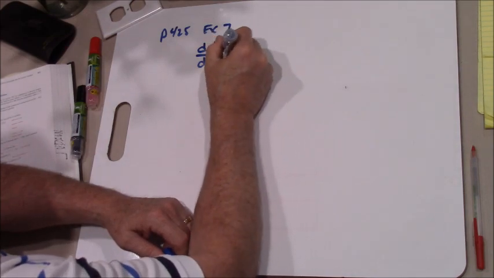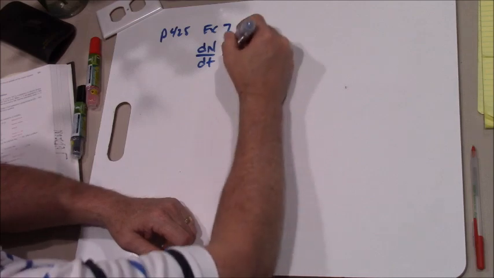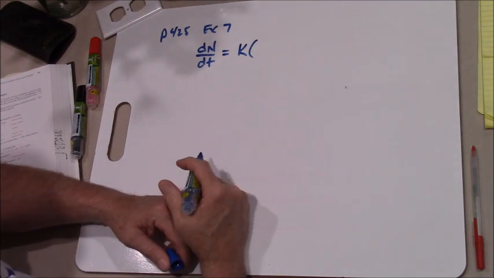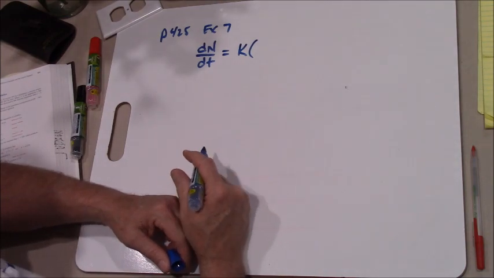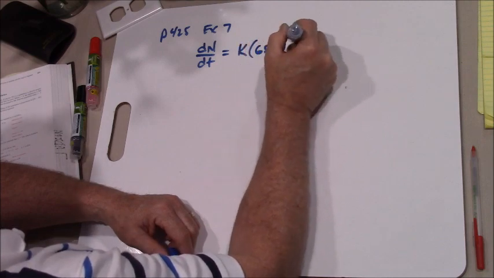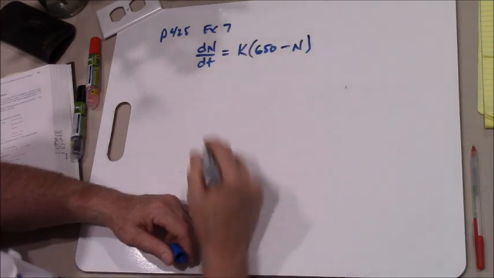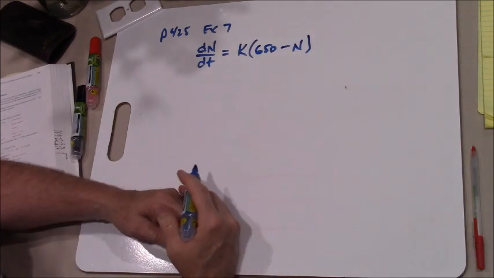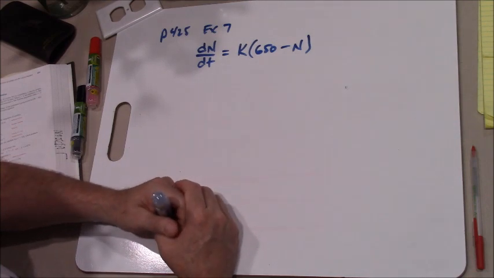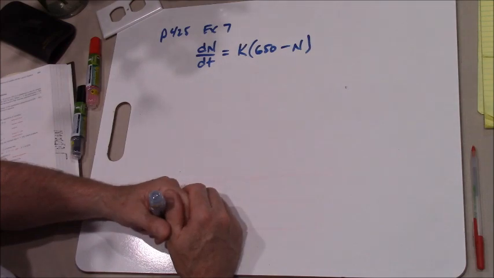So the rate of change of the number of coyotes in a population is directly proportional, so I'm going to do k times something, directly proportional to 650 minus n of t, which I'll just write down n. And there it is. That's the differential that needs to be solved. So now you guys go ahead and take that and see if you can solve it.